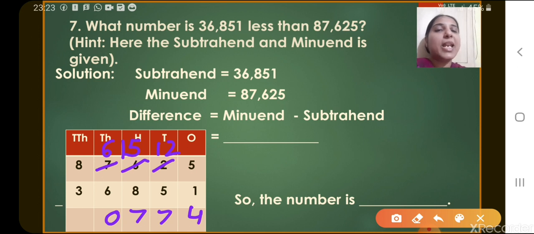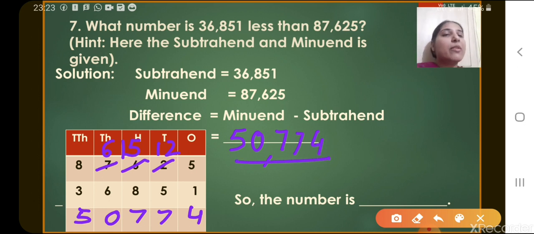Now look at the 10,000s column. So 8 minus 3, what will we get, children? 5. Okay. So the difference that we get here is 50,774.